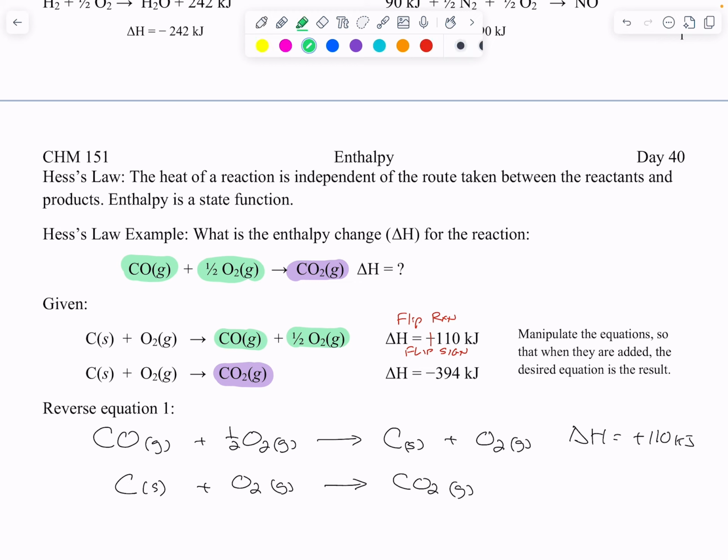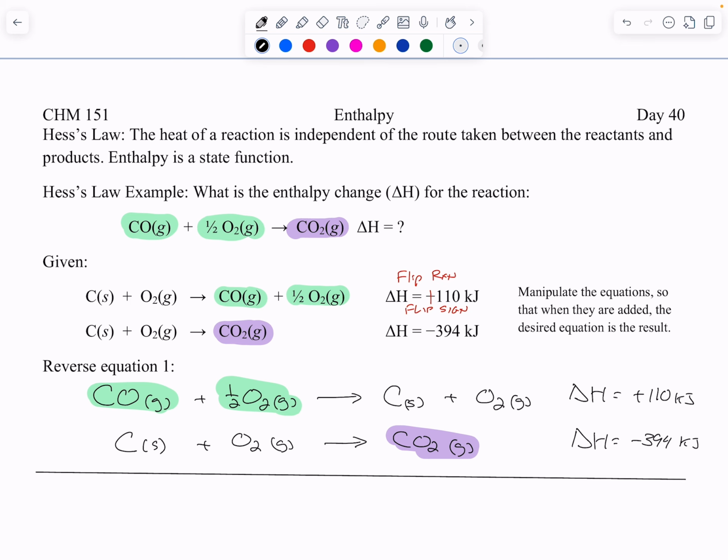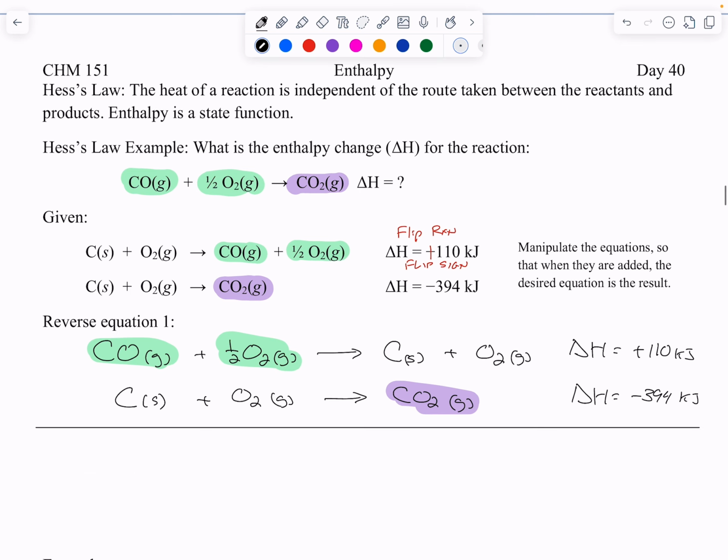I'll get my highlighter back out. All right? And that's what we have. Oh, I forgot delta H. Delta H here is negative 394 kilojoules.